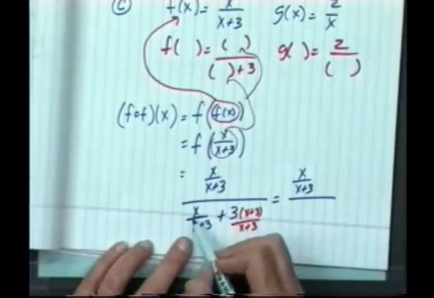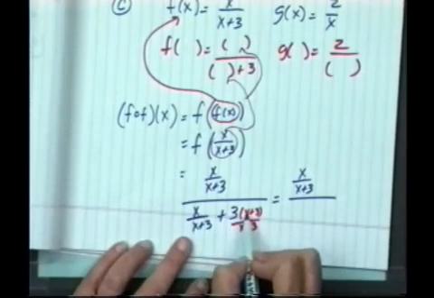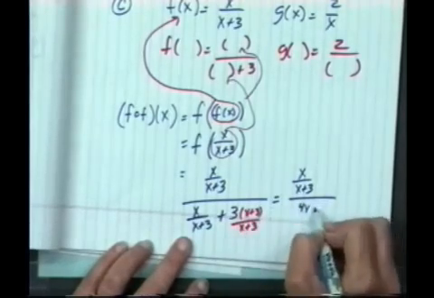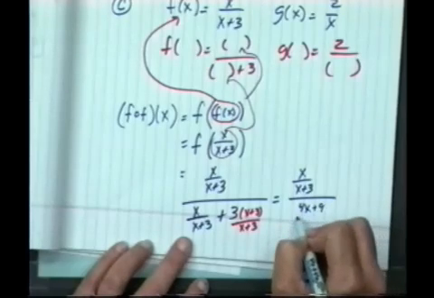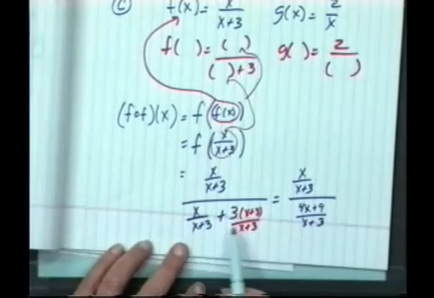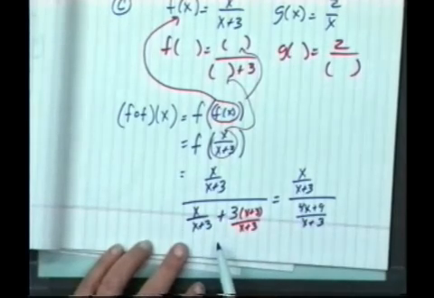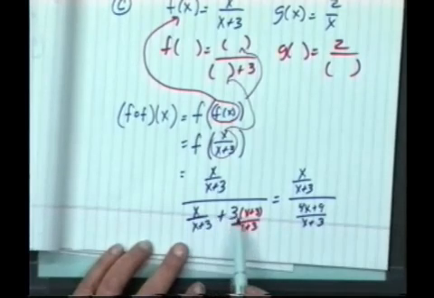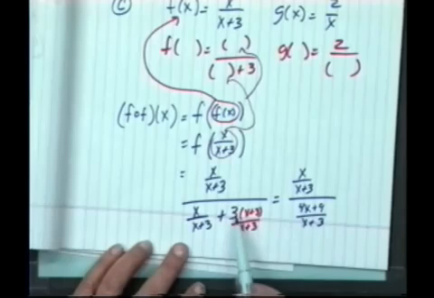And that will give me X plus 3X is 4X plus 9 over X plus 3. Okay, I had two terms in the denominator, so I needed to get it to a single fraction. So X plus 3X is 4X, and 3 times 3 is 9.